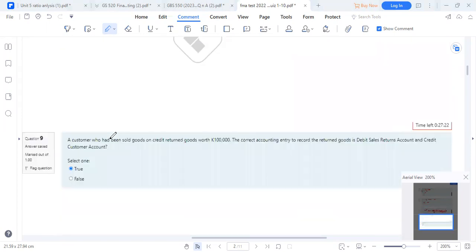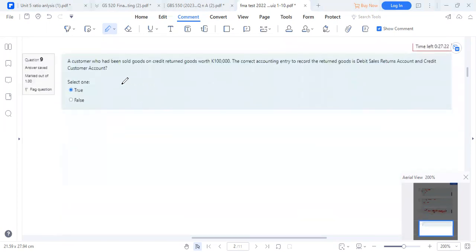Yes. Right. So a customer who bought goods on credit returned them, and these goods were worth 100,000. So the correct accounting entry to record the returned goods is to do what? So we are looking at the entries that need to be considered.